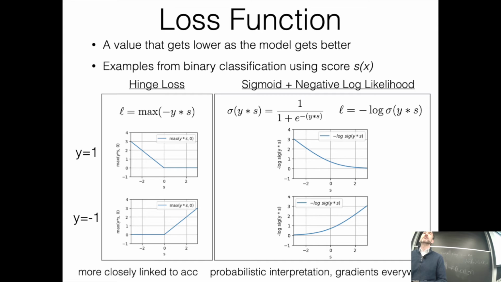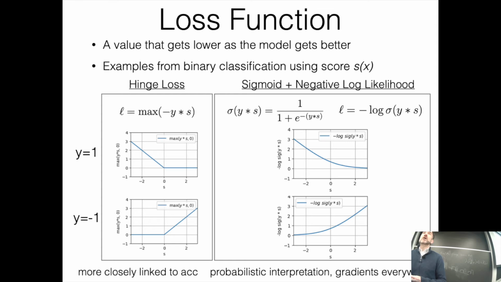What this looks like is, if y is equal to 1, the loss if the score is greater than 0 is 0. So as long as we get the answer right, there's no loss. As the answer gets more wrong, the loss gets worse, like this. And similarly, if the label is negative and we get a negative score, then we get 0 loss, and the loss increases if we have a positive score.